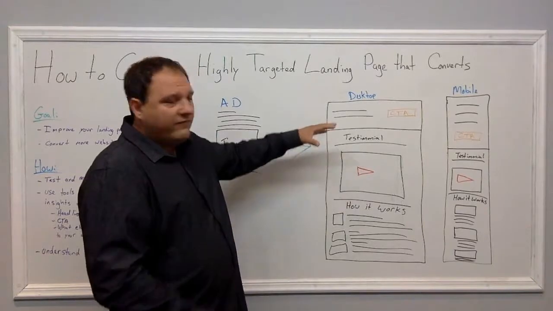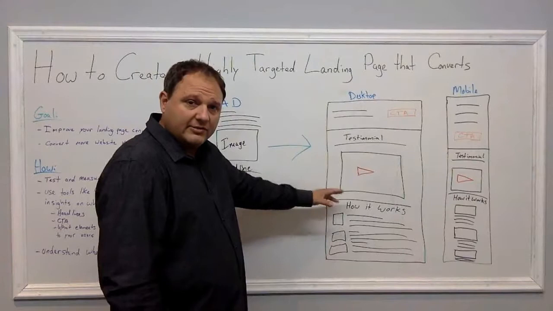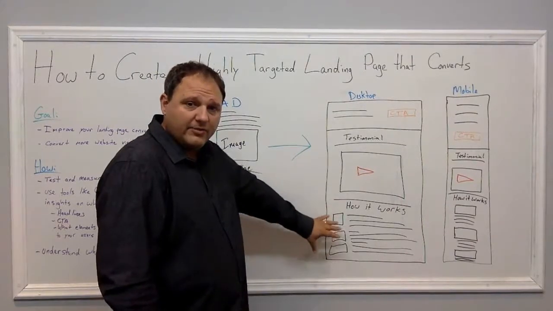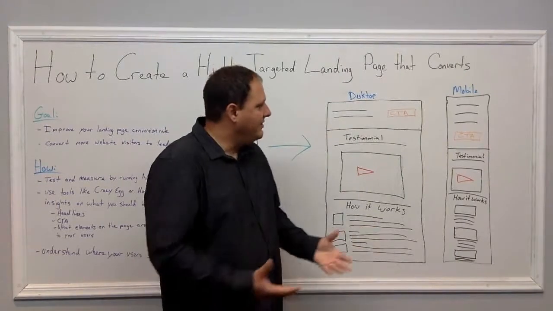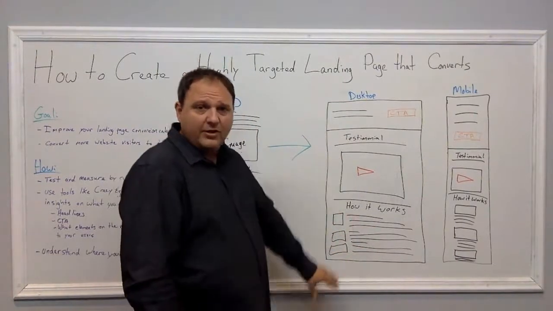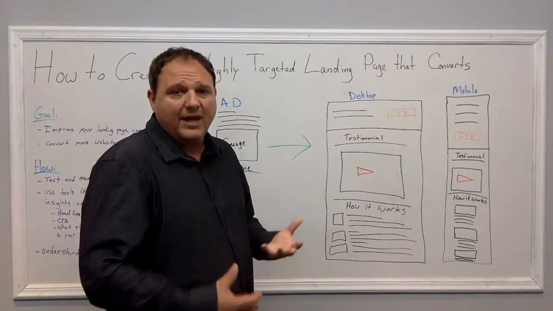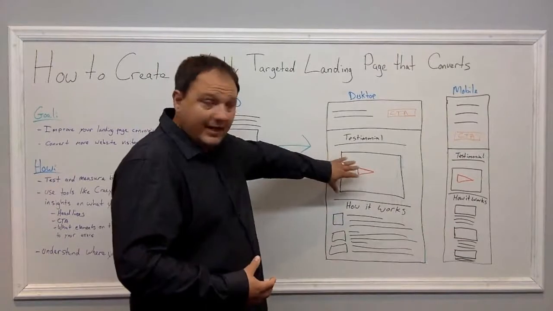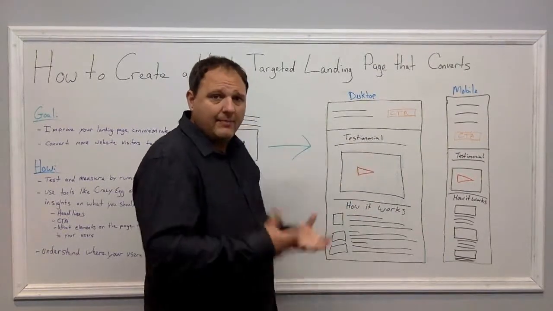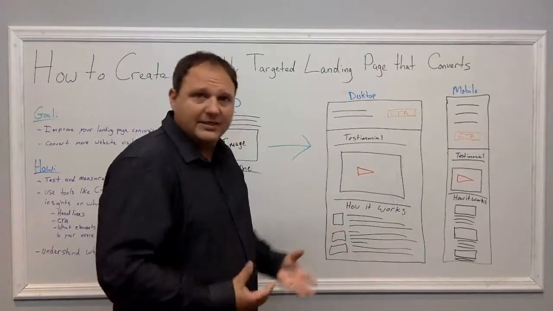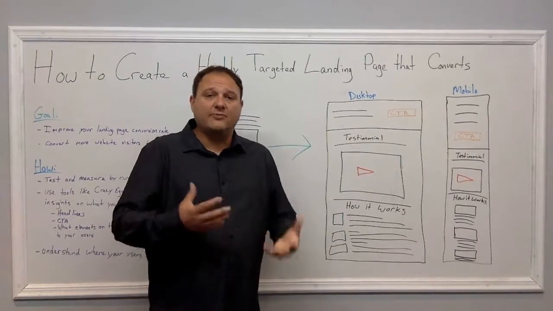If you're looking at your heat maps and people are scrolling all the way down here, and this is where the majority of people are navigating to, the how it works section, then bump this video down further. Or maybe just eliminate the video altogether because it might be causing confusion. If you're not getting any clicks here, eliminate that, move the how it works up, maybe add some other stuff around this because this is what people are interested in. This gives you data on what you can start split testing.